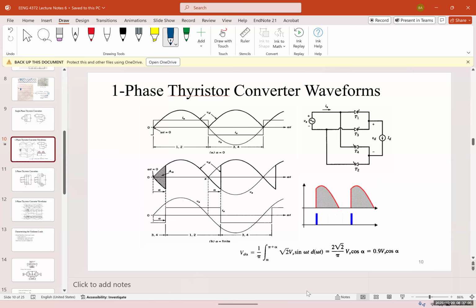So the bottom one, the blue, shows the point that we turn on the thyristor, and the upper one shows the output signal. If I turn it on at this point, for example, the signal will look like this. If I turn it on at the middle, then the signal will look like this.